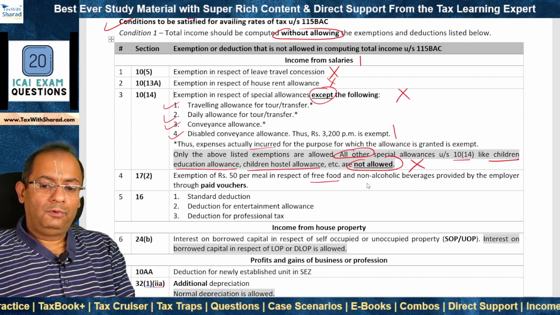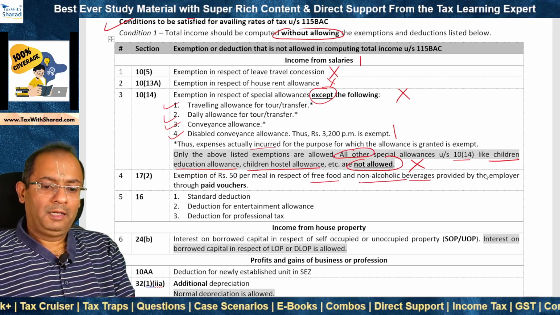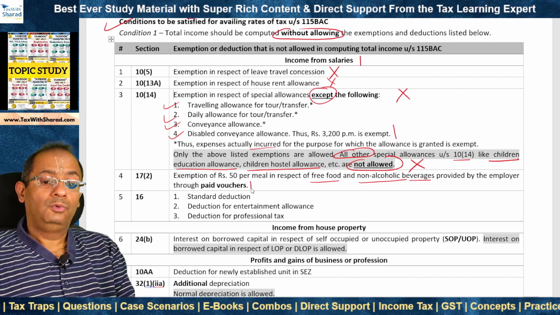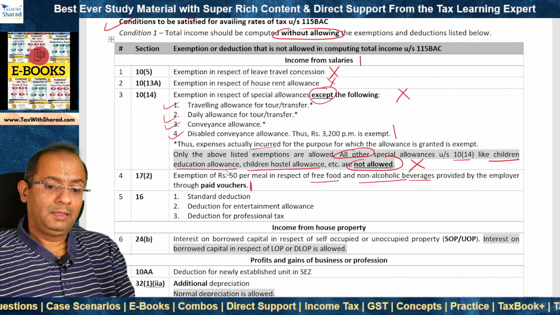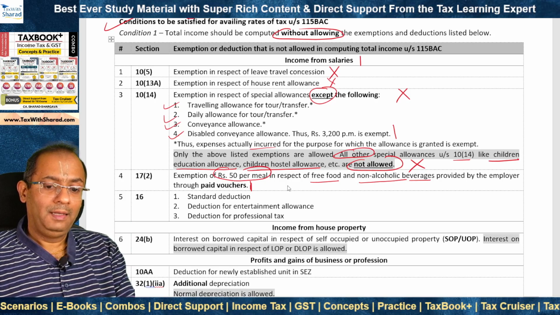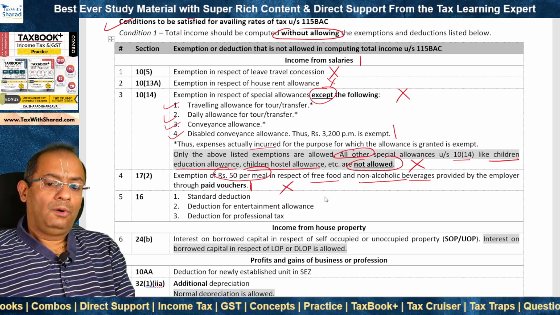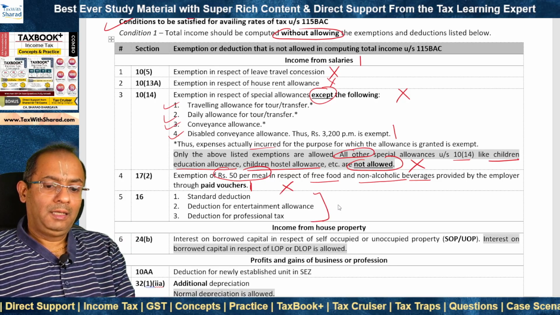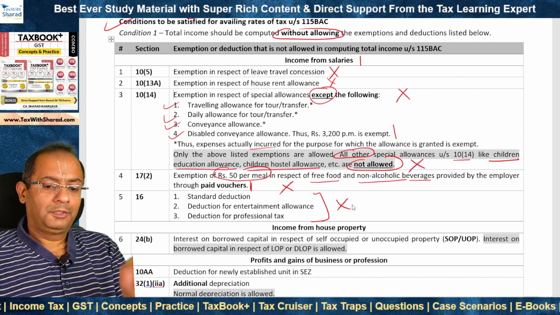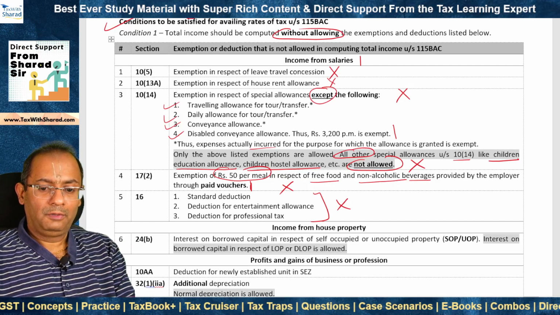As far as free food and non-alcoholic beverages provided by the employer through paid vouchers is concerned, we have noted there is an exemption given of ₹50 per meal. This is not allowed. All the 3 deductions under section 16 are not allowed: standard deduction, deduction for entertainment allowance, and deduction for professional tax.